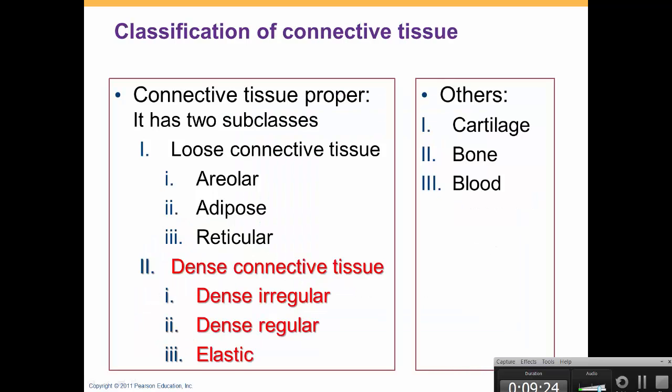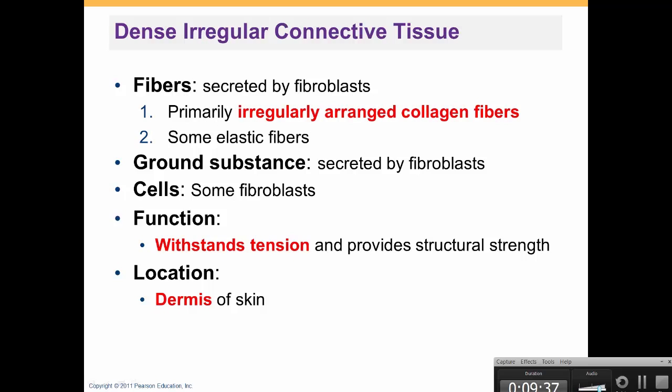So we are done with the loose connective tissue. Now we're going to the dense connective tissue. That could be dense irregular, dense regular, or elastic. Again, the dense irregular and regular, they both have collagen. So the dense irregular has irregularly arranged collagen fibers.